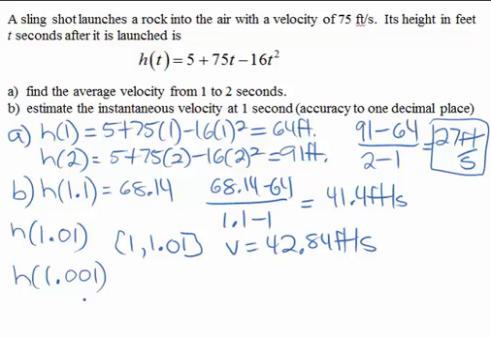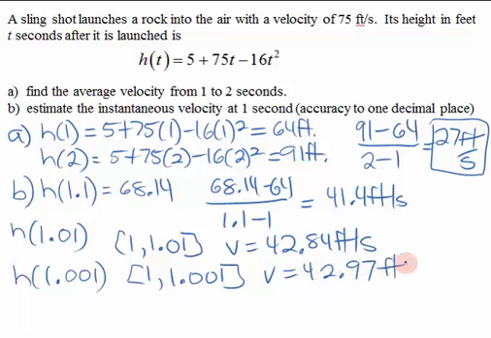Divide that by the difference in time, which is 0.001, and so for the interval from 1 to 1.001, I get that the velocity is 42.97 feet per second.